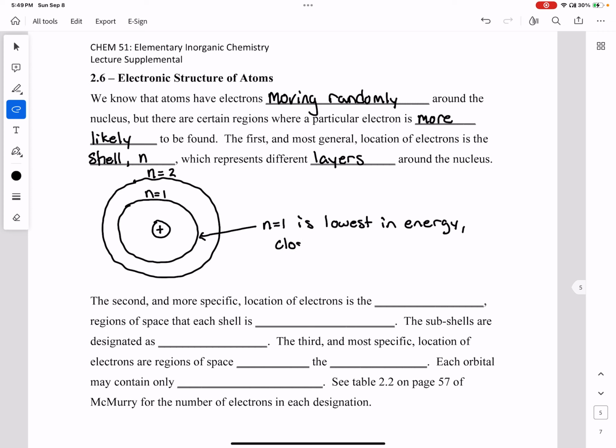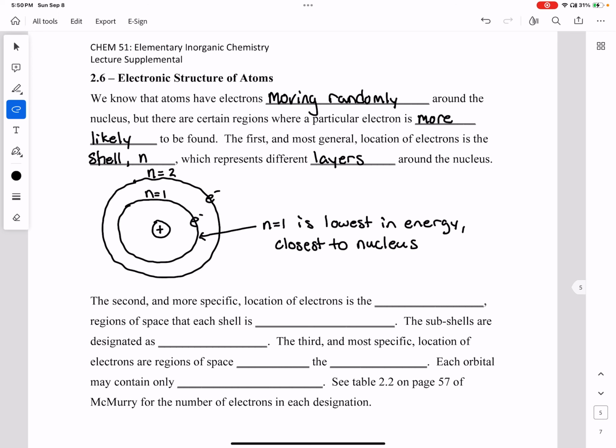Because it's closest to the nucleus. Okay, so the electron can exist in any of these layers, but it's typically not found in between the layers, in between these shells.